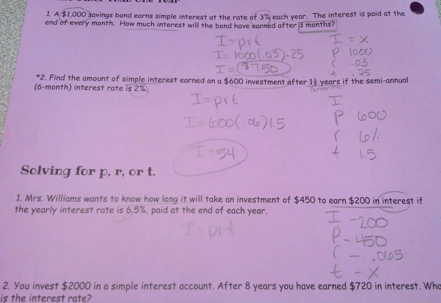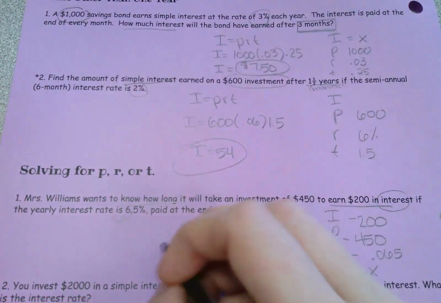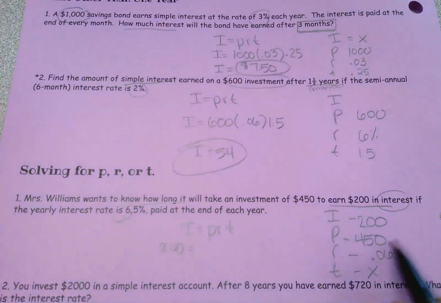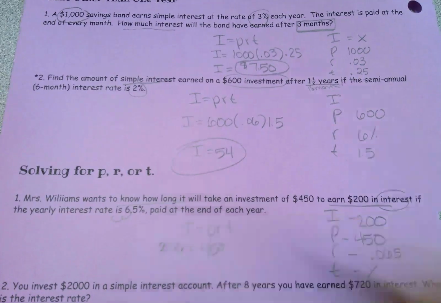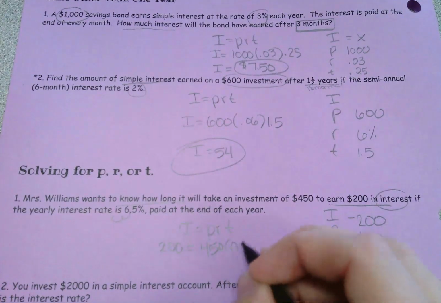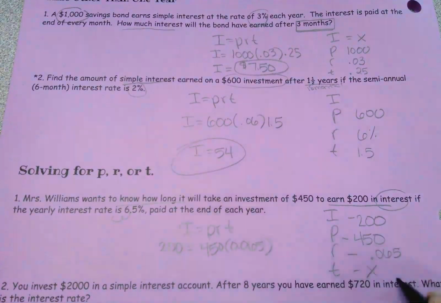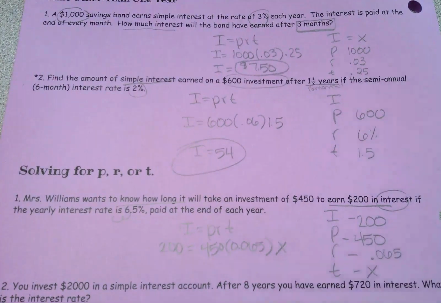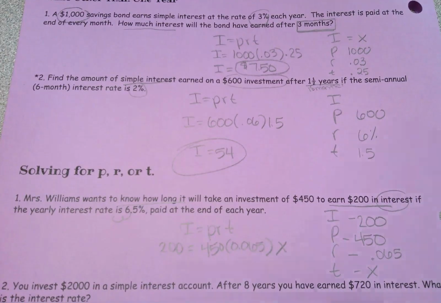So now when I plug them into my formula, I have I, which is 200, equals my principal, which is 450, times my rate, which is 0.065, times I don't know how many years it's going to be. Okay, so now I have to drop my line, but I can multiply these two, right?